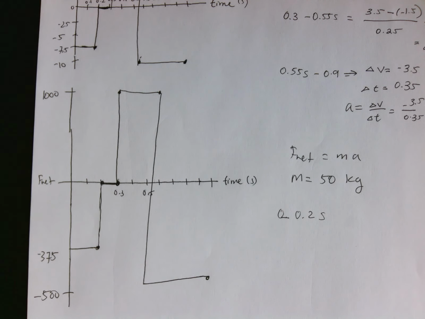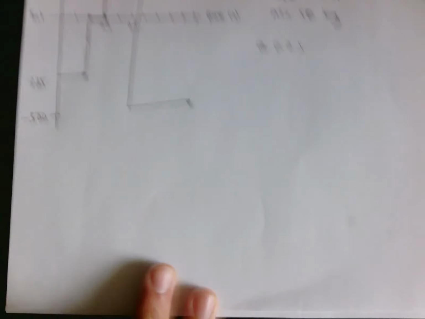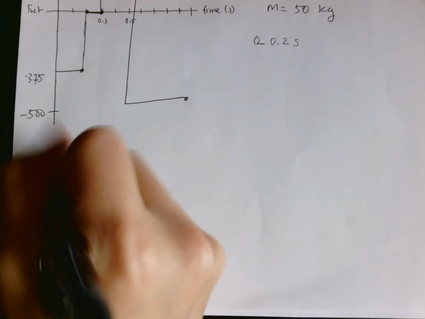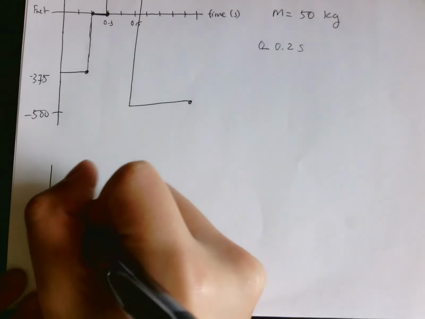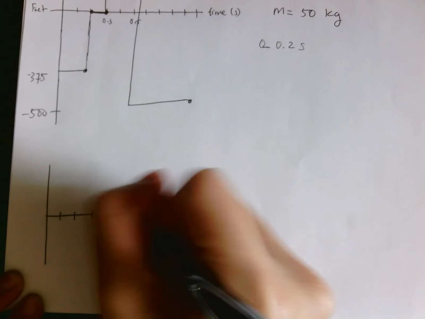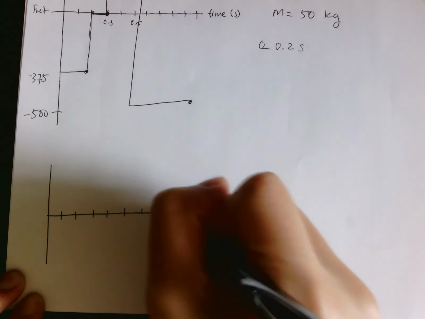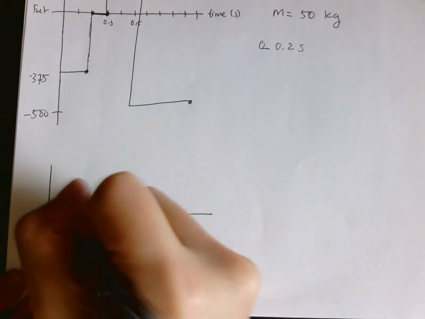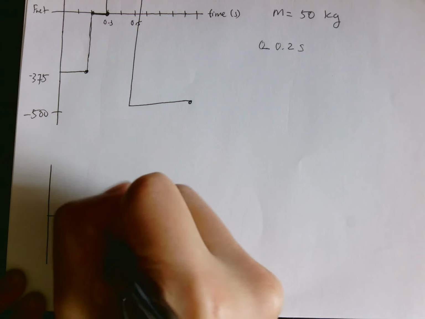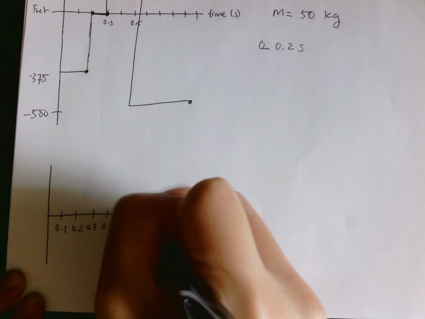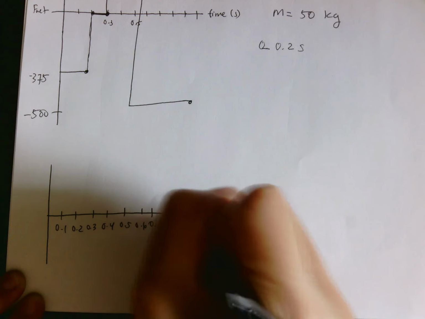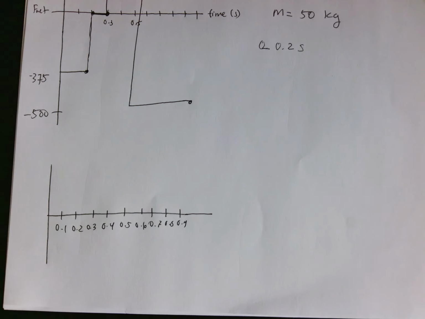Now, next we're going to draw the position versus time graph, and for this graph we're just going to use the initial velocity versus time graph that we were given in the beginning. With this, we're going to use the areas under the curve.